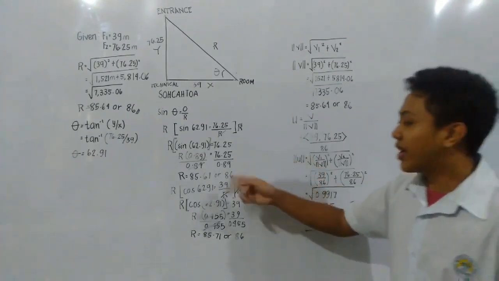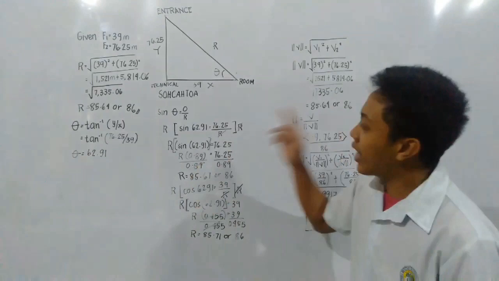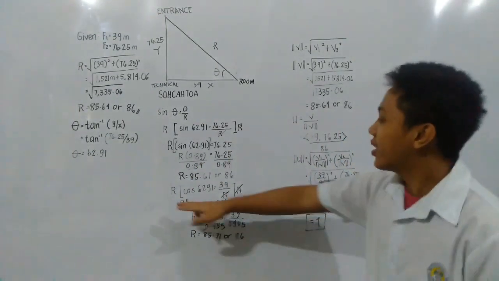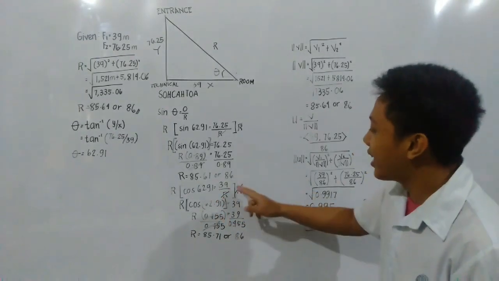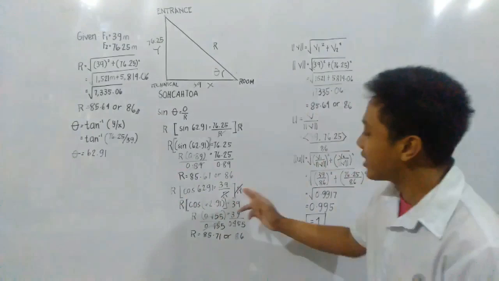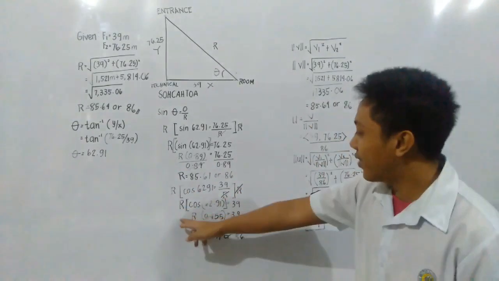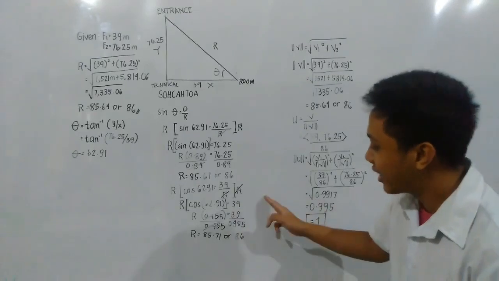So now, we are going to use the formula of cosine to check if the sine result is correct. So, cosine 62.9 is equal to 39 over r. So, we will multiply both sides again to cancel the r in the formula. And then we will get r cosine 62.91 is equal to 39.